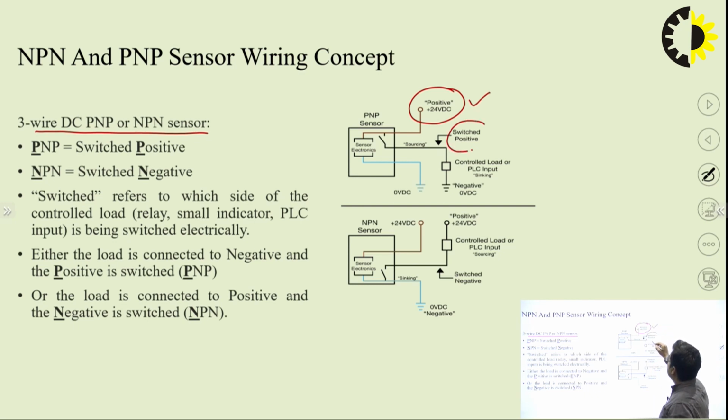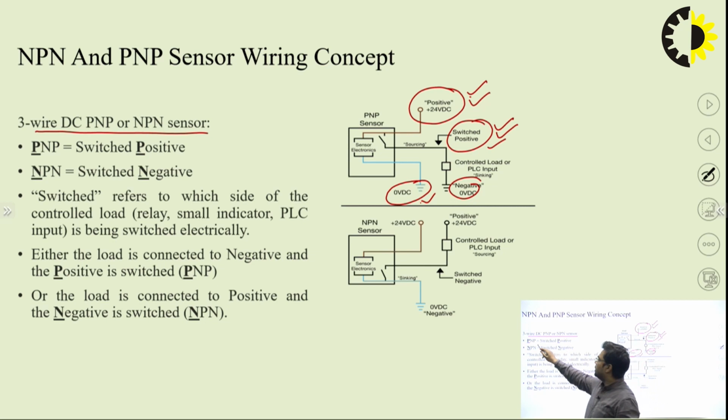The black wire is the output, and the blue wire is for the 0 volt circuit. So wire number 1 is positive, wire number 2 is the output, and wire number 3 is 0. Here P stands for switched positive, that is, the first letter represents what they switch.